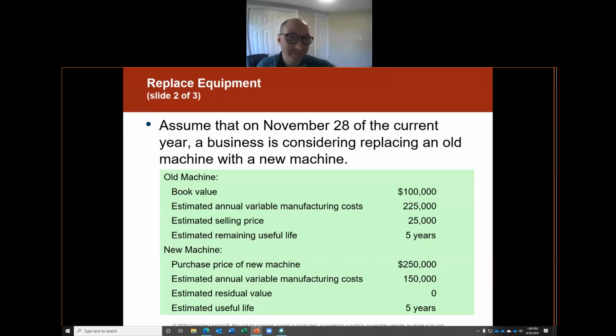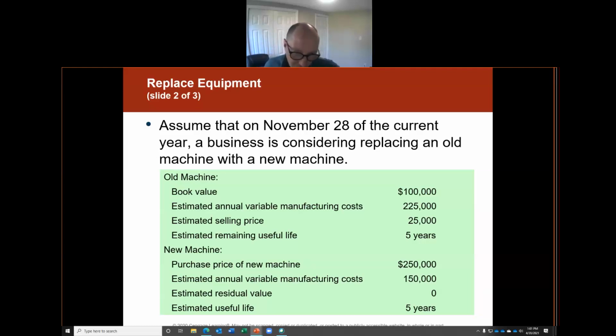We have a current machine. Book value, 100,000. Estimated annual variable manufacturing cost, 225. Estimated sales price, if I were to sell it, 25,000. I have 5 years remaining. Or I can purchase a new piece of machinery.